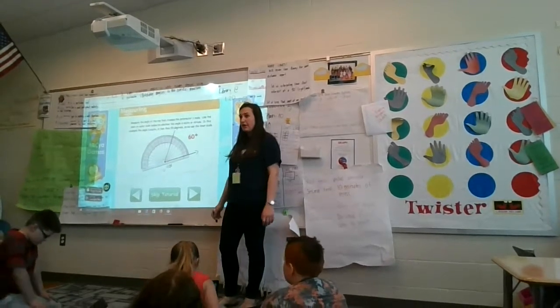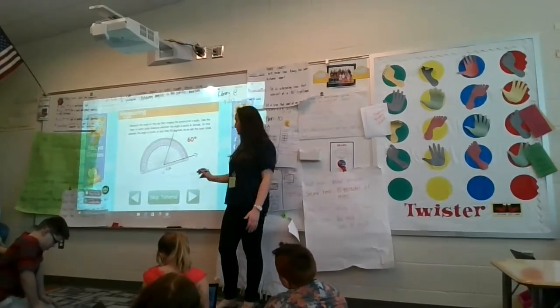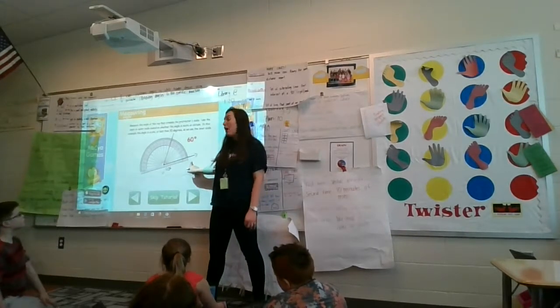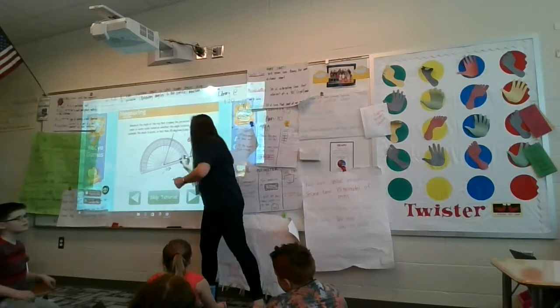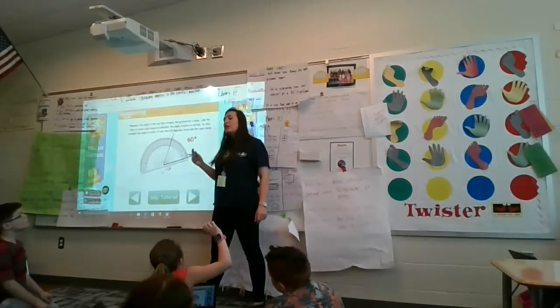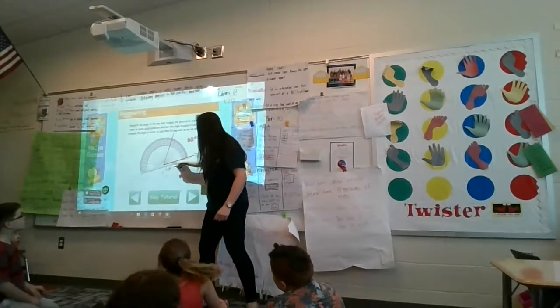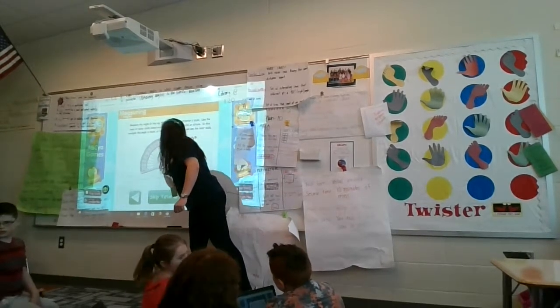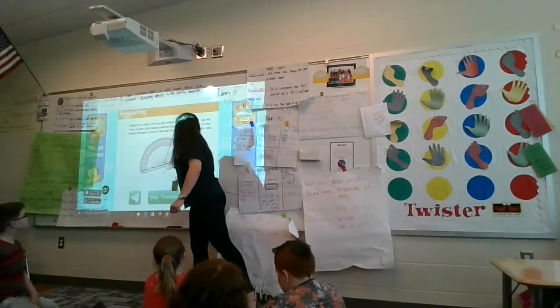Very good. So, in this situation, we are going to line up our ray on our, what is this called right here? Turn and talk with your partner. What is this called right here on our protractor?